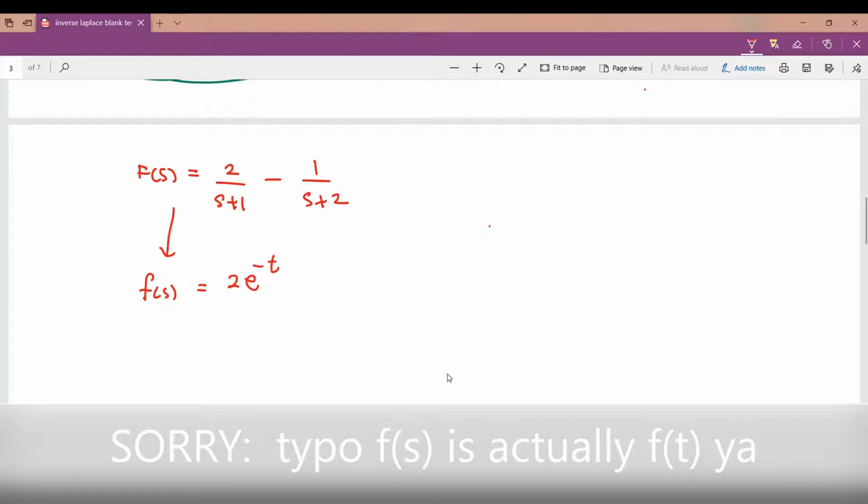Okay, remember the signs have to be different. Minus, okay, this one is still S to the power of 1, so S to the power of 1 means unit step, which is constant. So 1, so in front of it is 1, exponent E, -2t. Okay, so this is the answer.